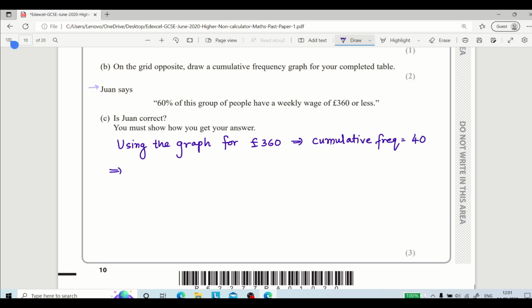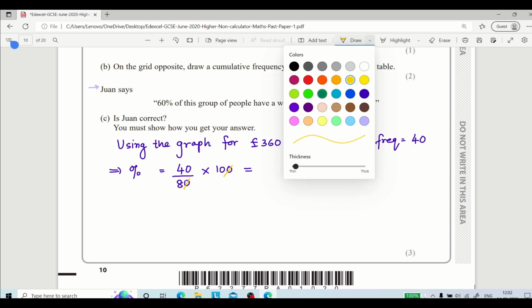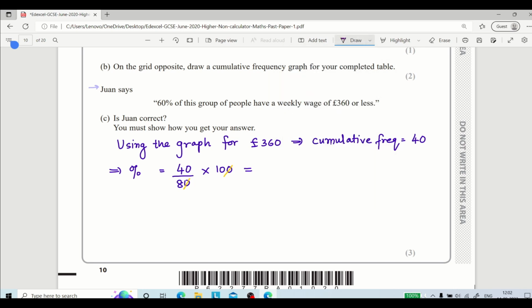So this implies your percentage is going to be 40 over 80 into 100. You'll just cancel out these zeros. Yes, that gives you how much? 50 percentage?